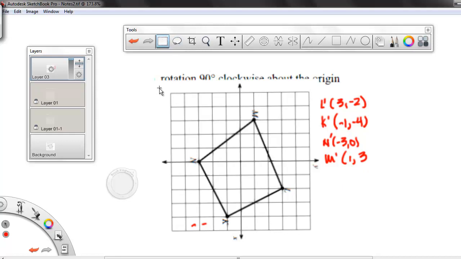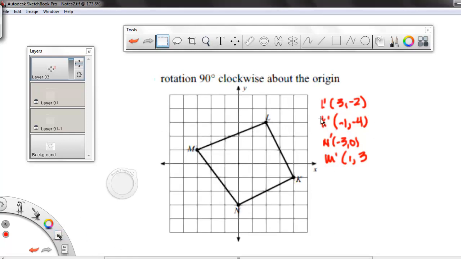Now what you'll do is take your paper and move it back to its original position, take the ordered pairs that you have here and just graph the ordered pairs that you got from rotating your paper. (3, -2) is L prime. K is (-1, 4).